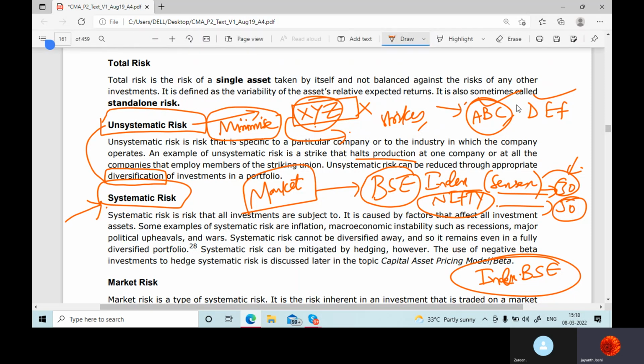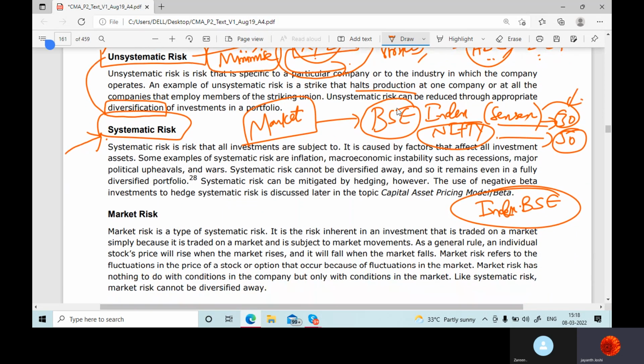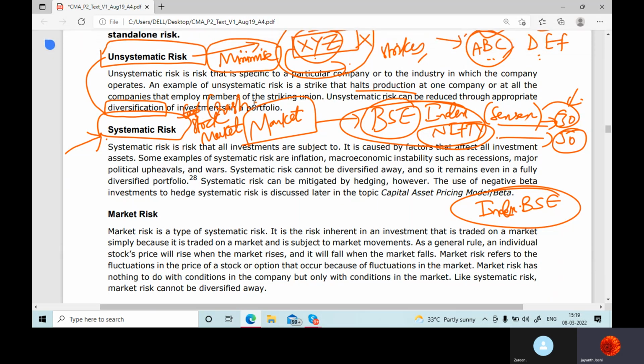But if you diversify your investments and invest in two other companies, if this one is not doing well, then these two would at least give returns. But what if you have invested in the BSE index and the market crashes? There is a crash in the stock market. When the stock market crashes, all the companies which are participants of the stock market or BSE index will underperform.